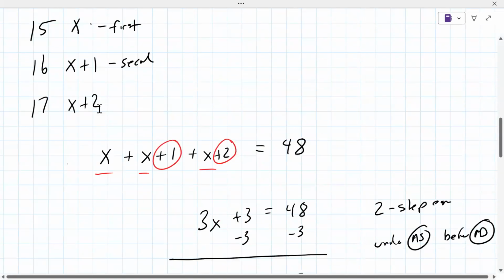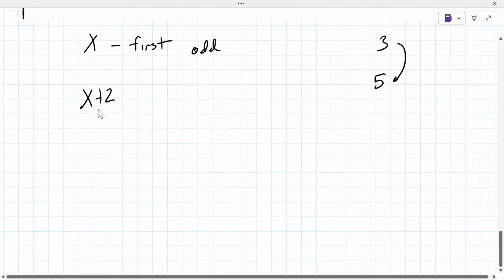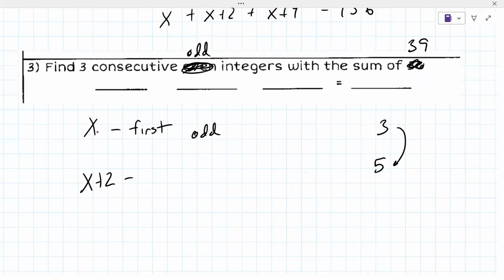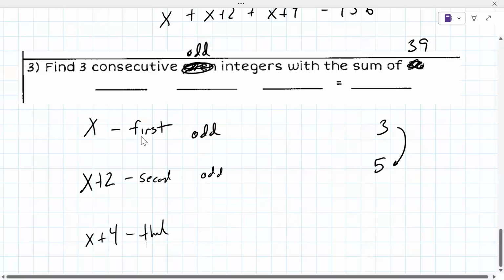Okay. So back to your problem here. If X plus 2 is now the second odd, what is the third odd? Oh, X plus 4. Very good. So it's just like the previous problem, whether it's three odds or three evens or two odds or two evens, you're going to use the same thing here.